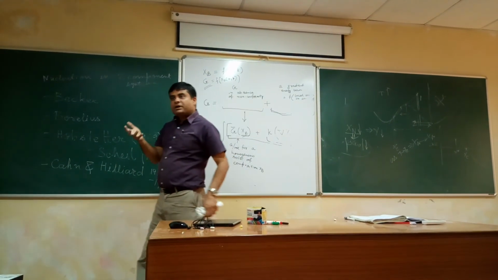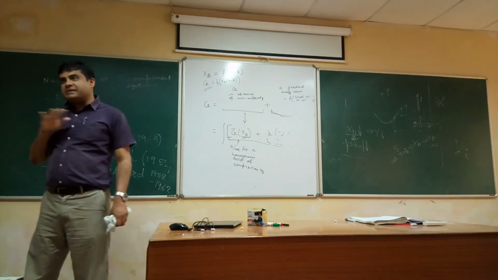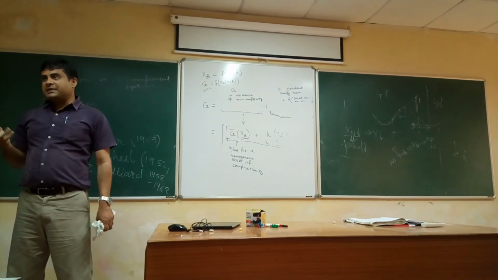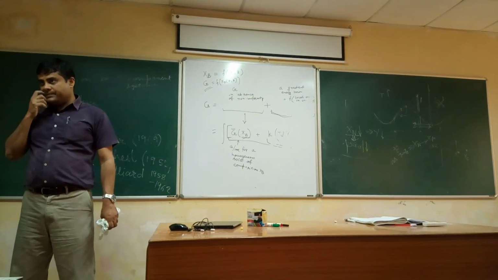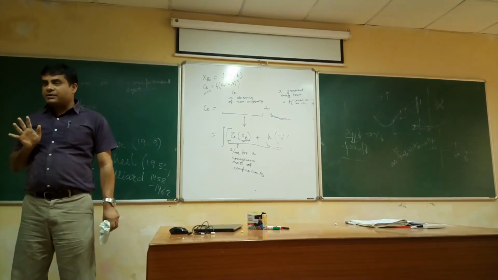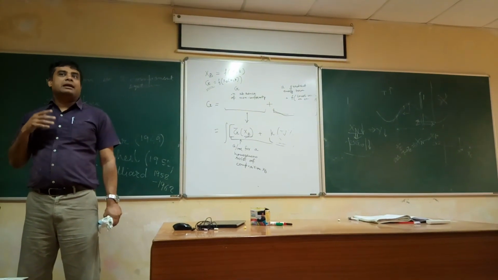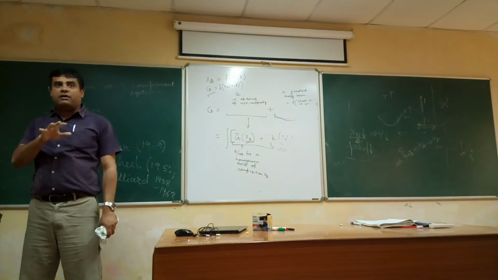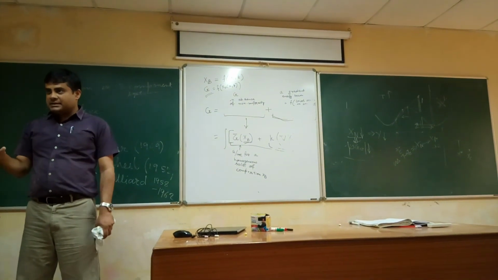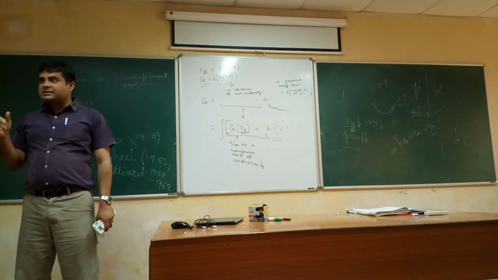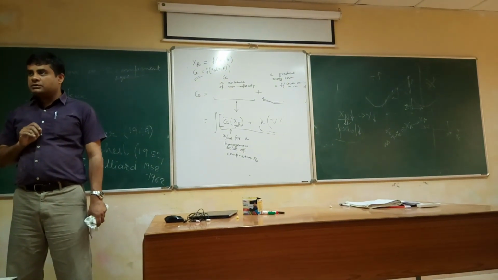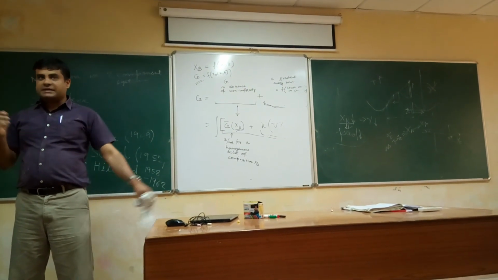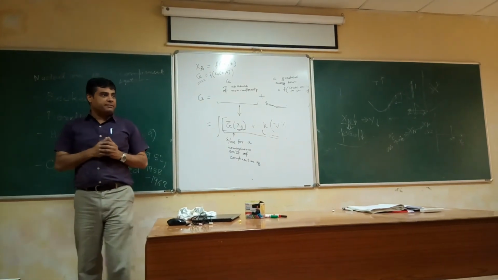But the chemical potential definition remains the same: how the Gibbs free energy changes with composition. So you can write a chemical potential equation. If you have a chemical potential as a function of time and space, you can write the diffusivity equation also, because chemical potential gradient will give you the diffusion.